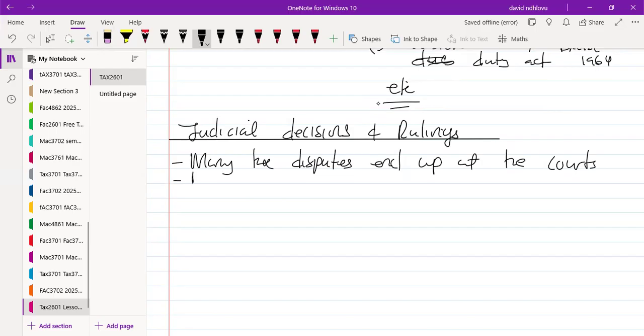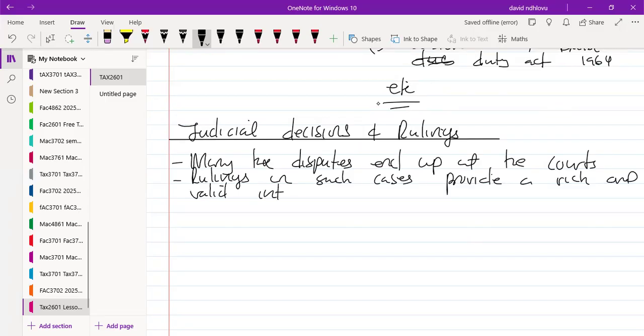Right, and then rulings on such cases provide a rich and valid interpretation of the Tax Act.